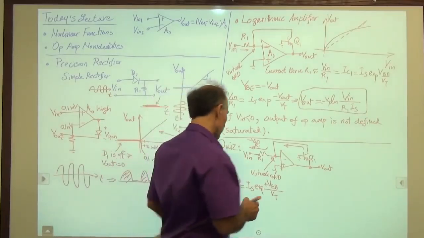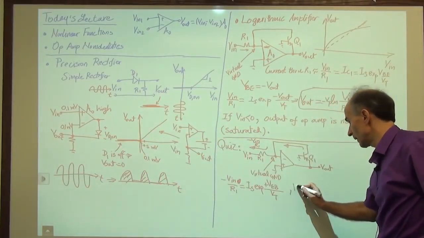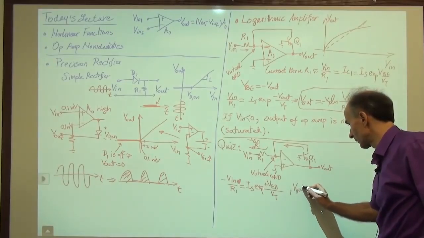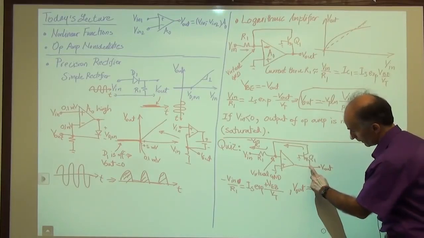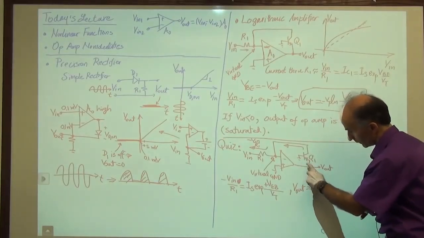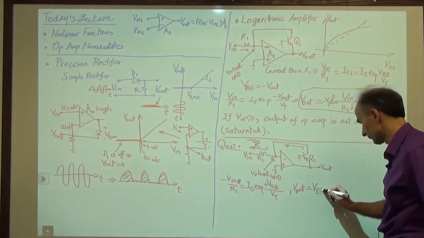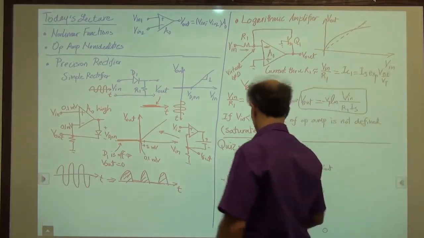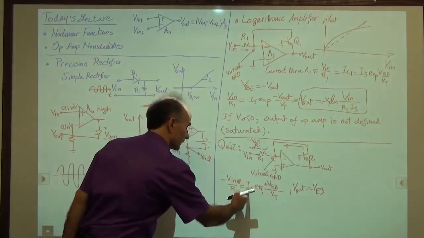Very well. So now we can go ahead and calculate Vout in terms of Vin, given that Vout is equal to VEB. VEB is from here to here, and Vout is also from here to ground. So in this case, it's just VEB. So that allows us to write, we divide by IS, multiply by VT.